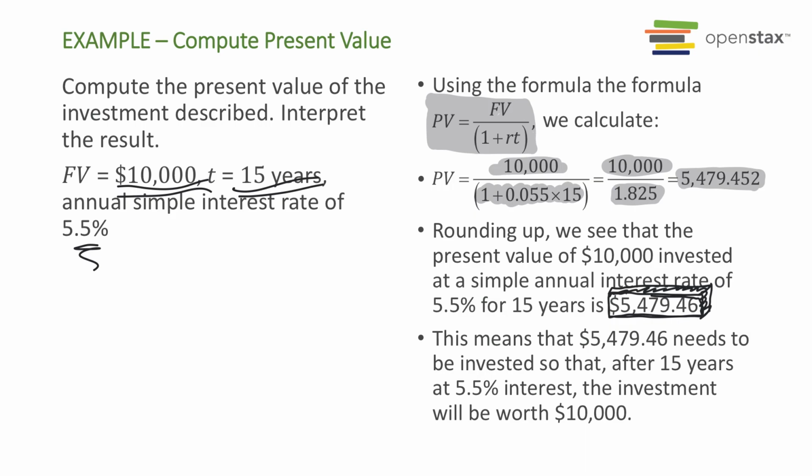All right, and if you can put in basically $5,500, you're doing even better. But in order to get what you want for this account, you would need to deposit about $5,500 in order to save $10,000 15 years in the future. Now again, this is assuming simple interest, okay? We'll talk about not simple interest or compound interest in the next section.